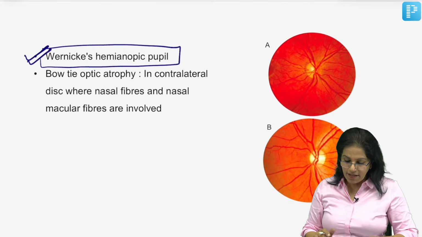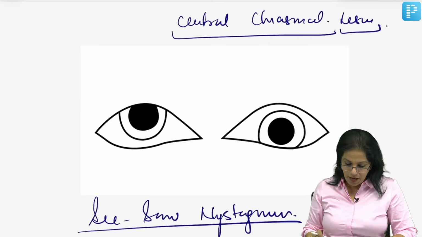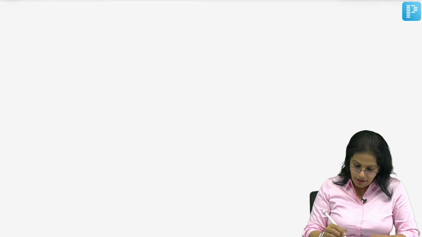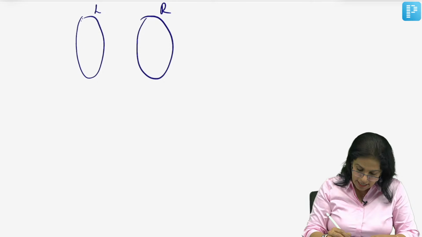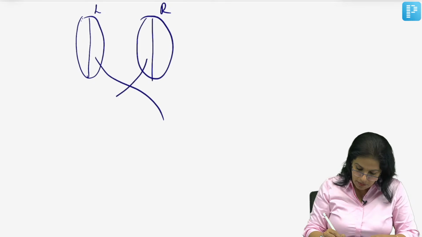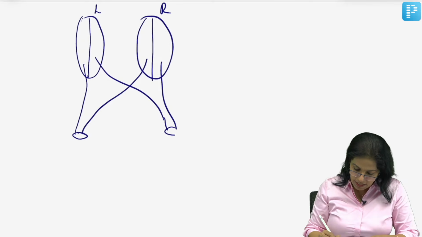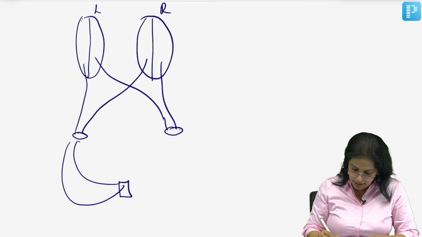Now, why will this happen? Let us understand. We will make the diagram again very quickly because I want you to learn and make this again and again. We have learned that this is your anatomy, nasal fibres decussate, temporal will not decussate, this is the lateral geniculate body, optic radiations and visual cortex. Done? This is it, right? Okay.